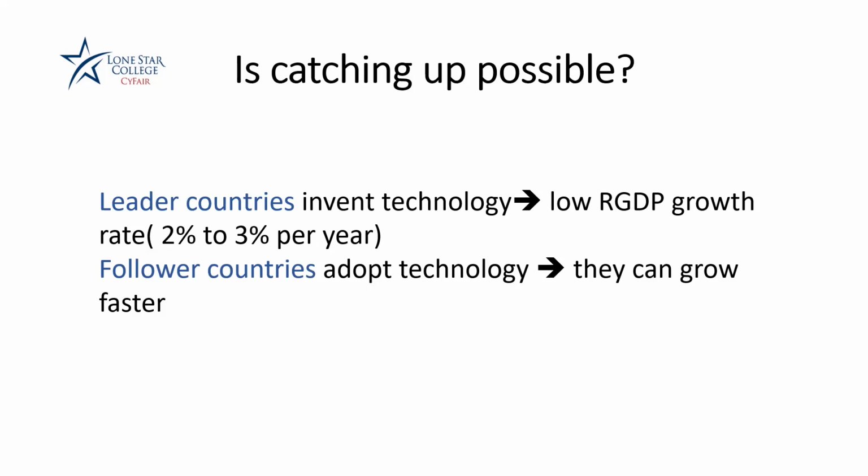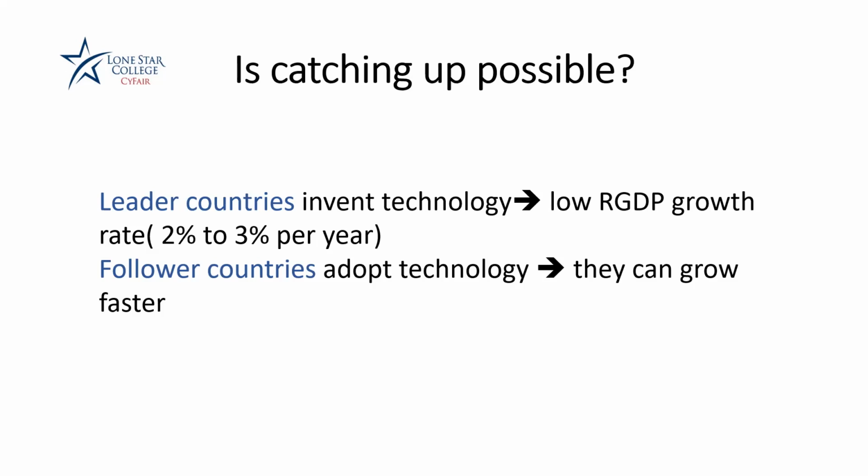The best way for them to grow and start that process of industrialization and capital accumulation is to adopt technology from rich countries or leader countries. And remember, leader countries with 2 to 3% economic growth rate are heavily invested in technology and R&D. They are the ones who come up with all the new technologies, because they have the resources. And for the followers, the easiest way to grow is to adopt those technologies.